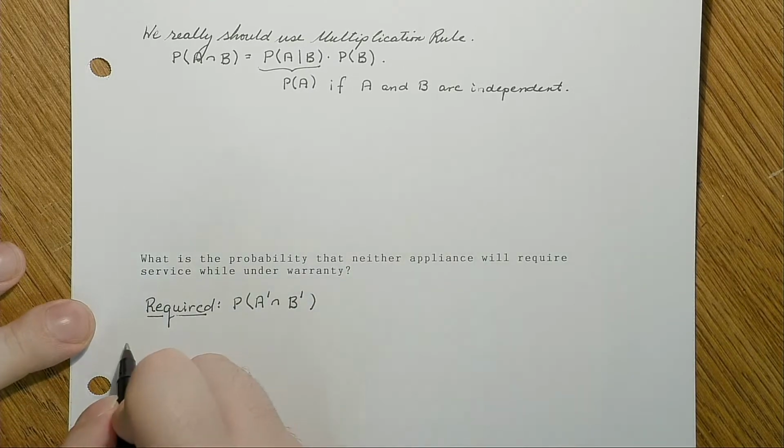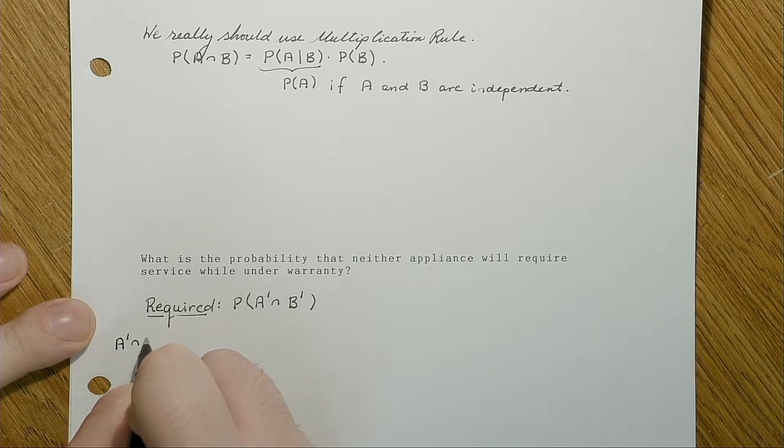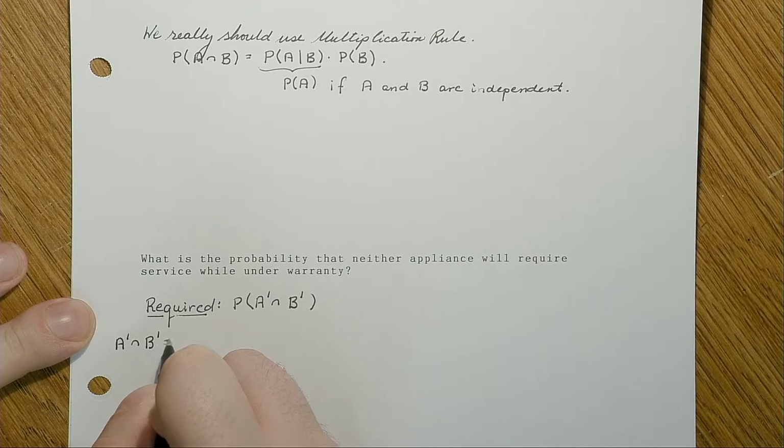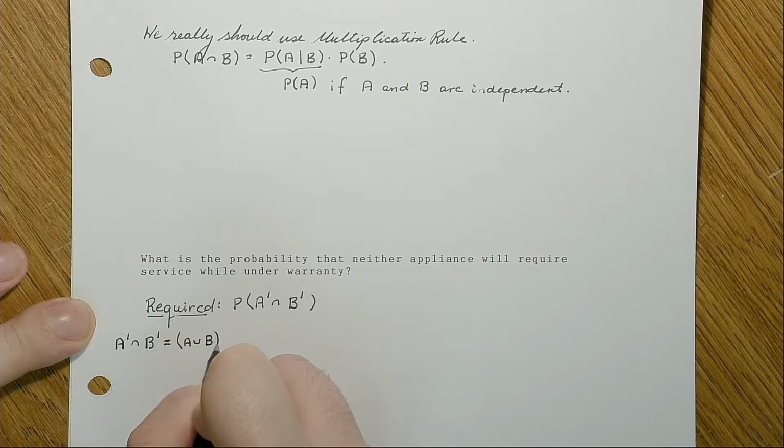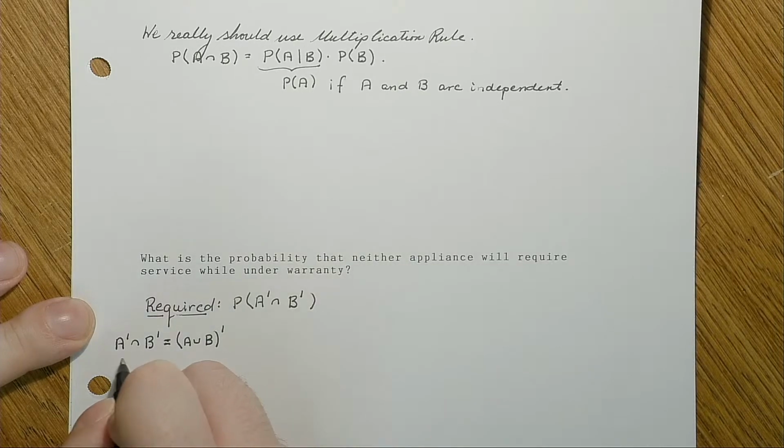I want to point out though that we had done this previously: A complement intersect B complement is equal to the complement of A union B. That's De Morgan's law.